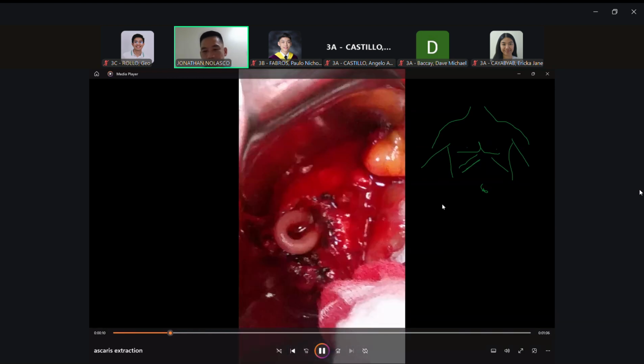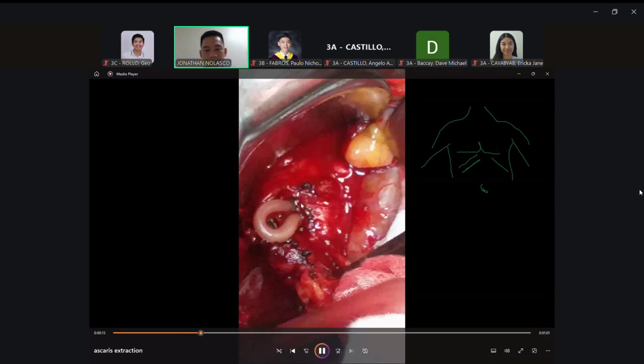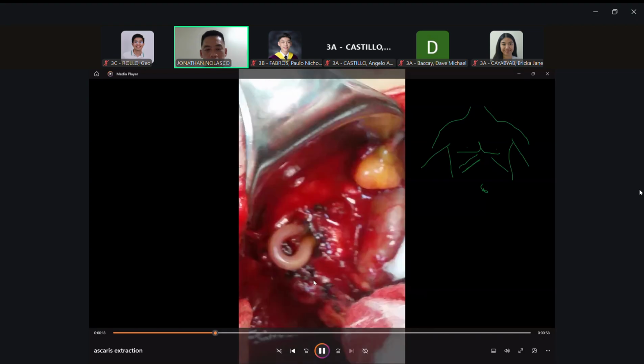So you're seeing the front. This will be the bile duct here, running this way, and that's the opening in the bile duct.